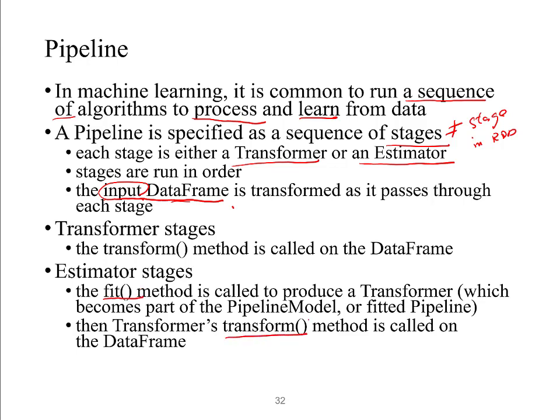You have to call the fit method first, such that it will produce a transformer, and the transformer will become part of the pipeline model or the fitted pipeline, and the transformer has a transform method, just like the transform method here. So it takes a data frame as input and outputs a data frame as well.